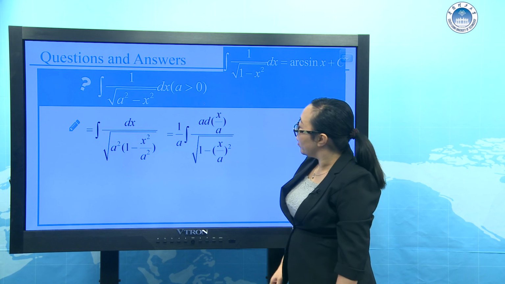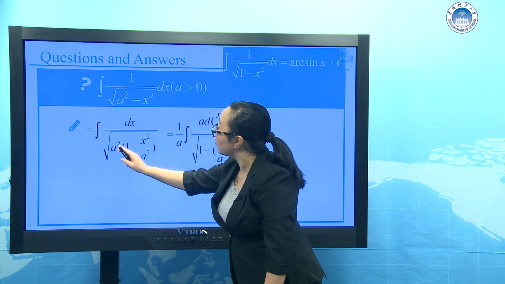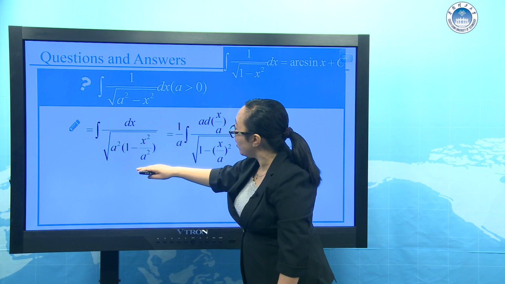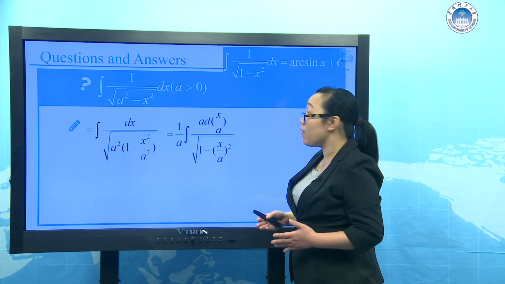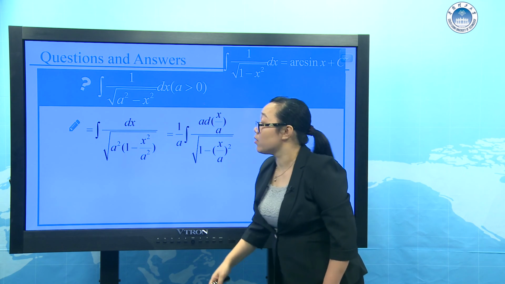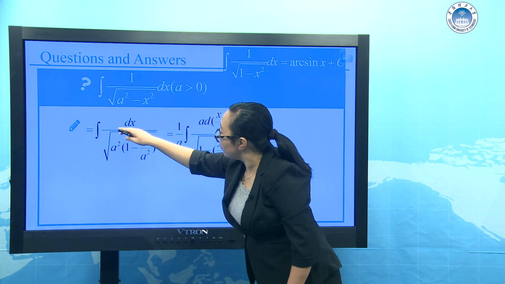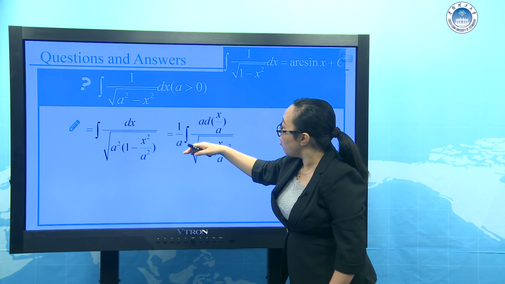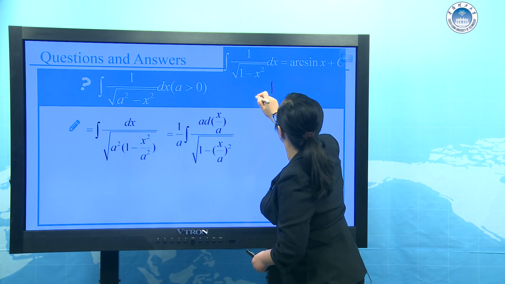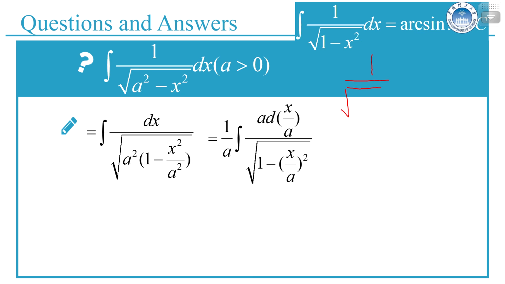How to do? We can take a squared out. This term becomes 1, since a squared over a squared is 1, and 1 minus, okay? So we can take out 1 over square root of a squared, which means 1 over the absolute value of a.